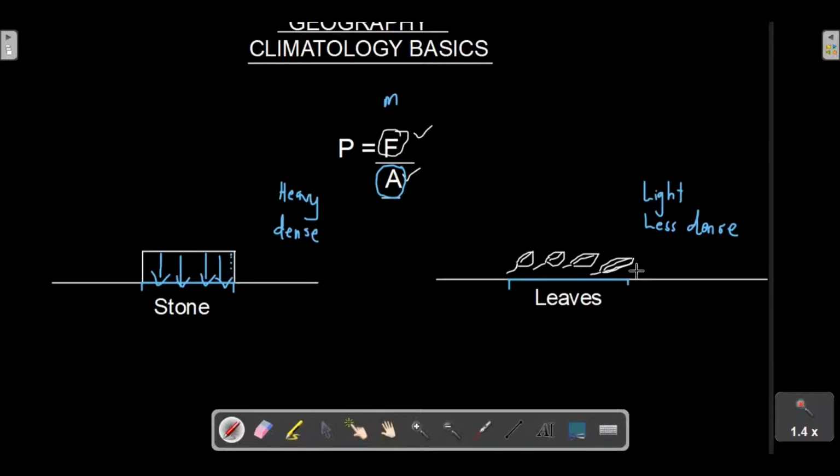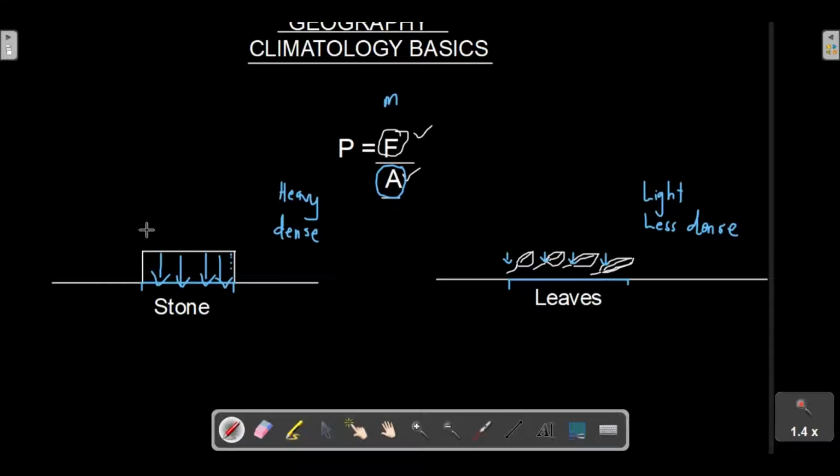The leaves are light and less dense, so they do not really press a lot against the ground, because they have little mass and hence little force, and so they exert a low force.